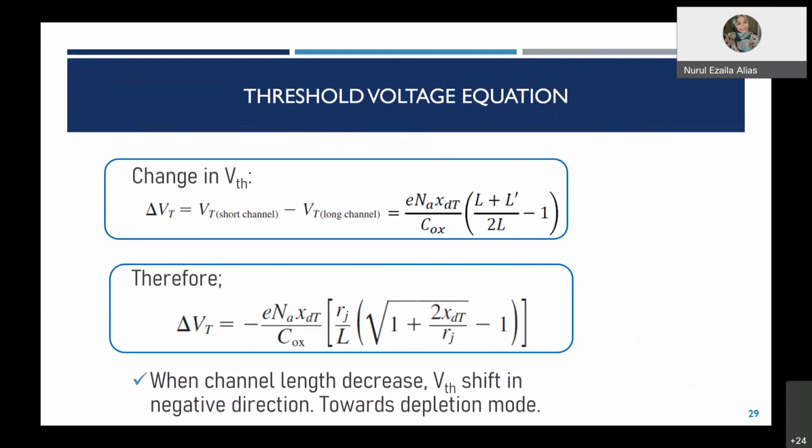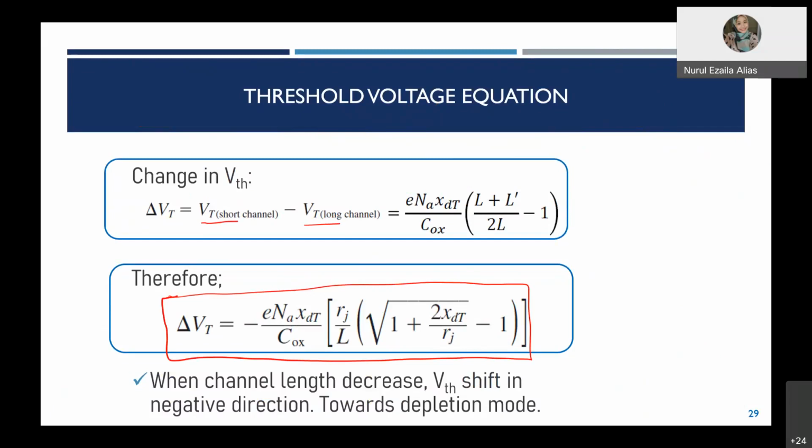So for the threshold voltage equation, the change, delta VT, is VT for short channel minus VT for long channel, given by this equation. Finally, delta VT is given by this complex equation.